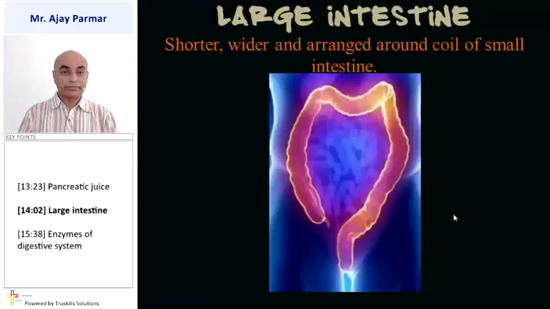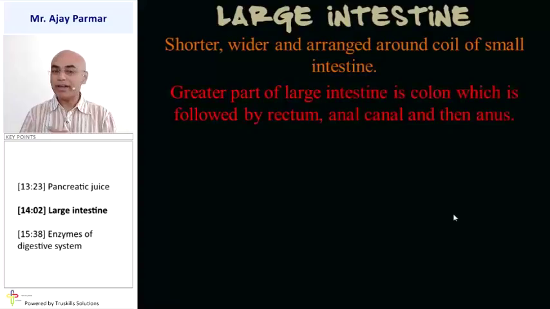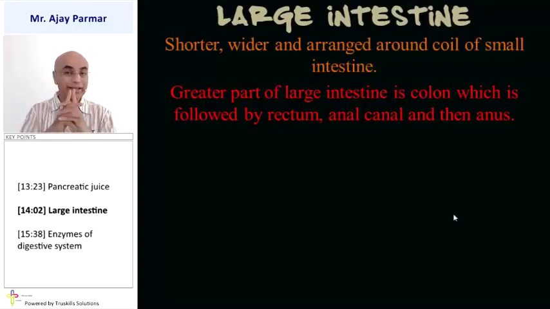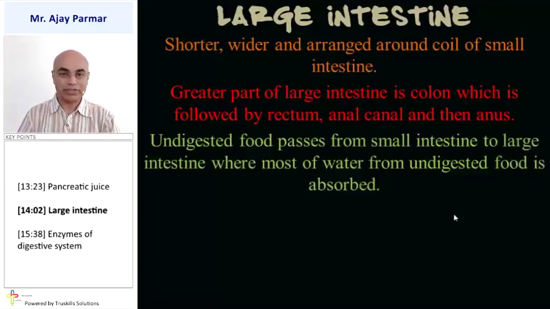Large intestine. It is shorter, wider, and arranged around the coil of the small intestine. The greater part of the large intestine is the colon: ascending colon, transverse colon and descending colon, followed by the rectum, anal canal, and lastly the anus.